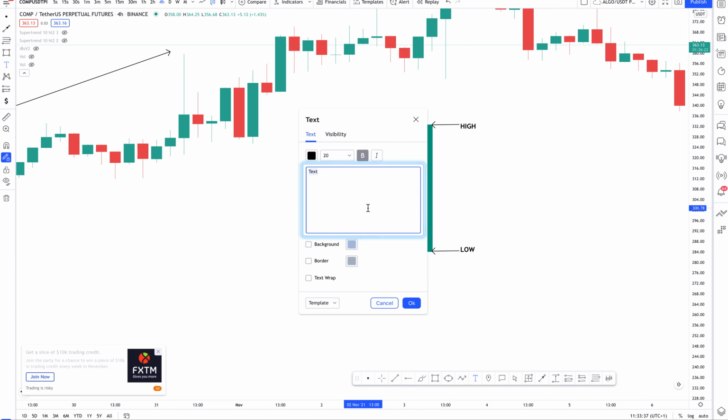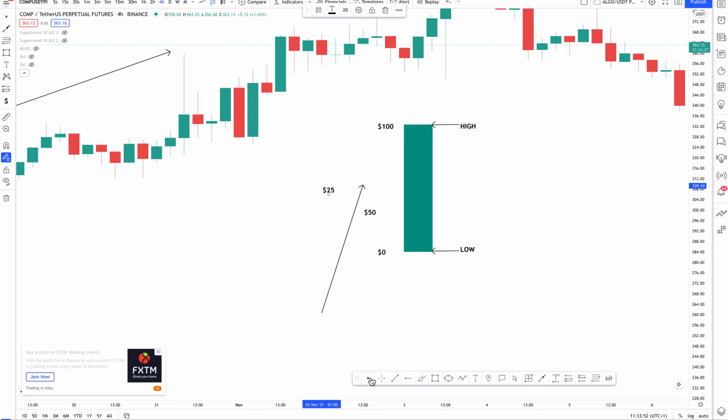And then we have $50, and we have $25, just for the purpose of this class. So let's say this is half of here, and we have $50. Then we have here $25.